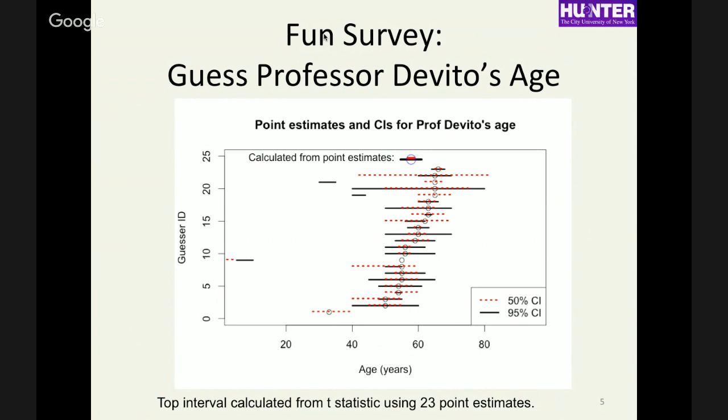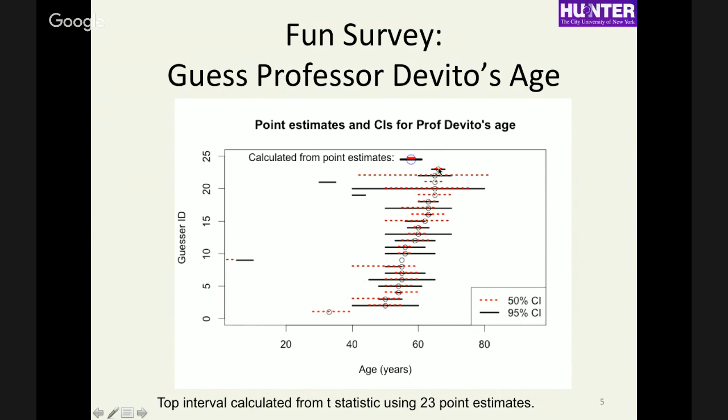So I plotted out here all of the 23 responses that I got. They're just sorted here in order of lowest guess to highest guess. The most flattering person guessed that Tony was about 32 years old.